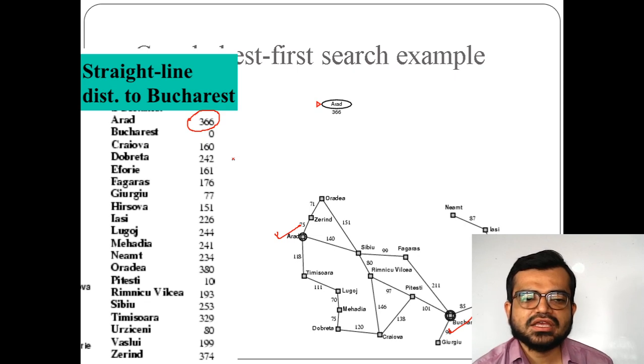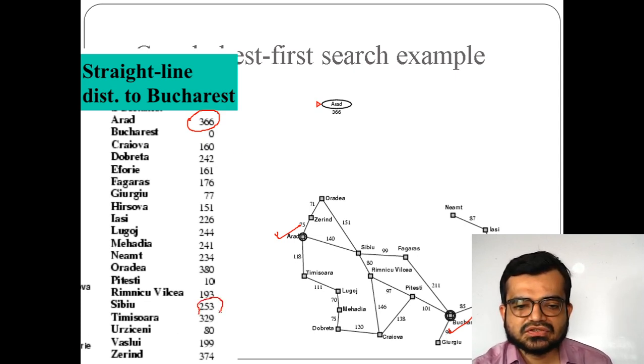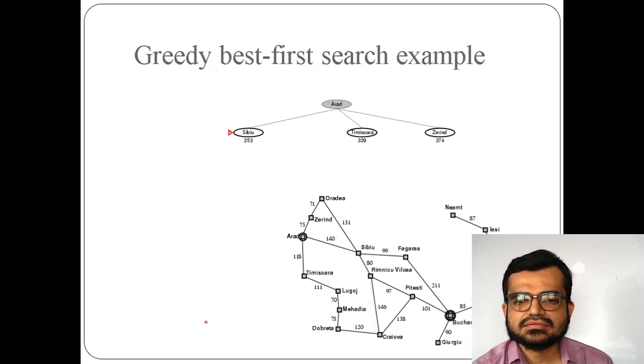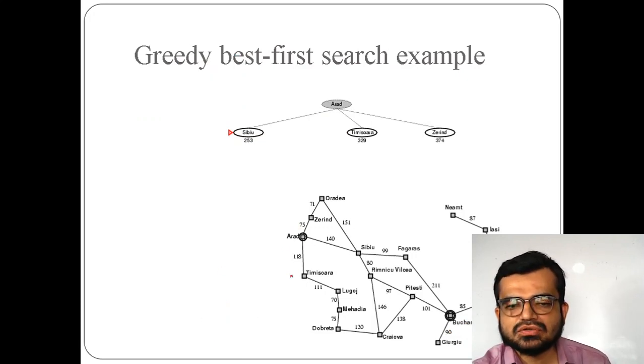From Sibiu the heuristic value is 253 kilometers, and from Timisoara it is 329. And from Zerind, because it is moving to three locations only: Arad to Zerind, Arad to Timisoara and Arad to Sibiu, three locations it can visit.